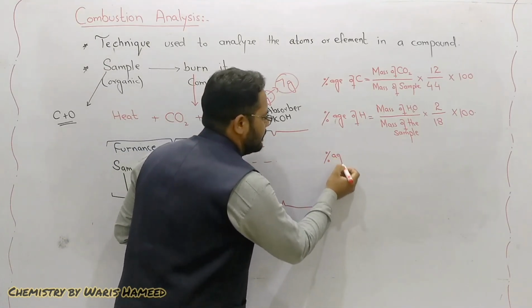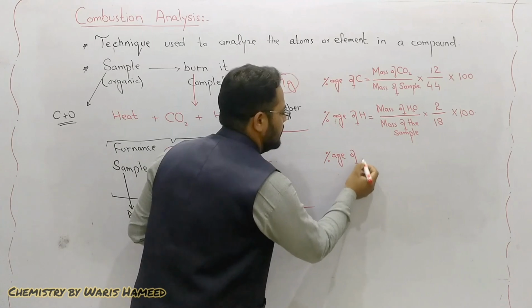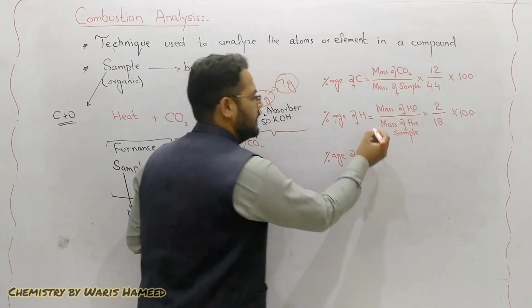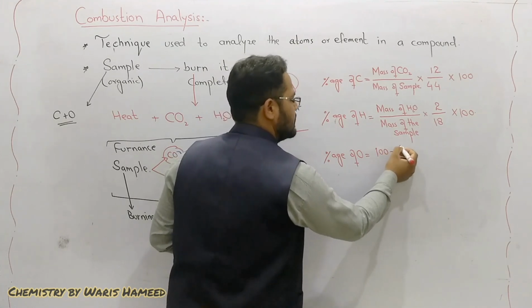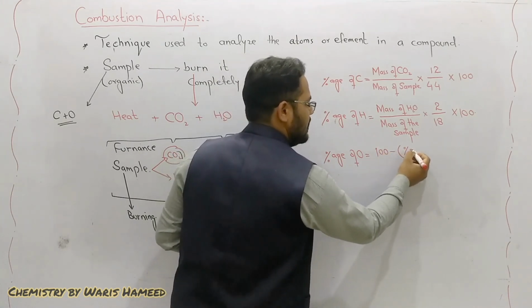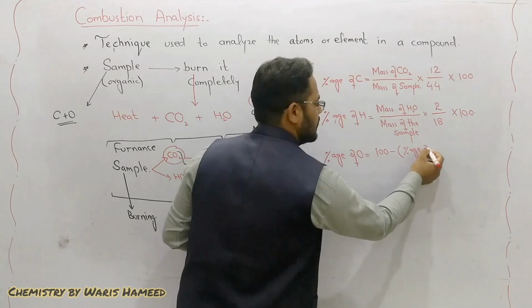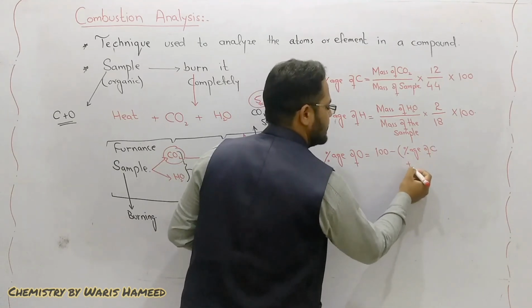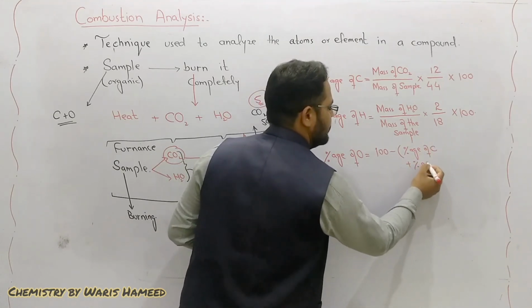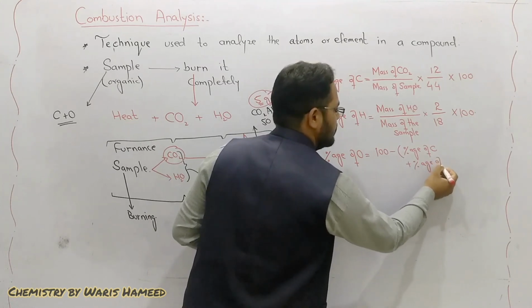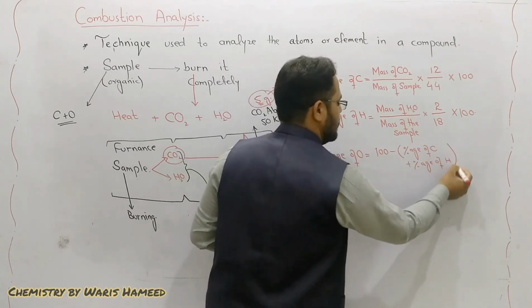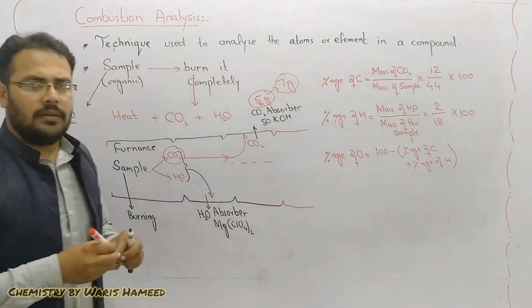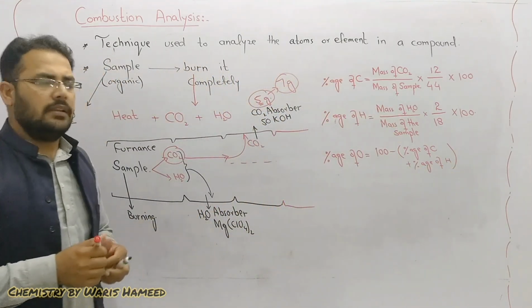Percentage of oxygen is equal to 100 minus the percentage of carbon plus the percentage of hydrogen. Here we can gain the percentage of oxygen.